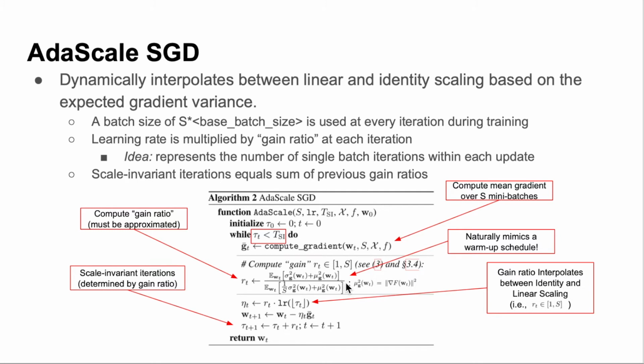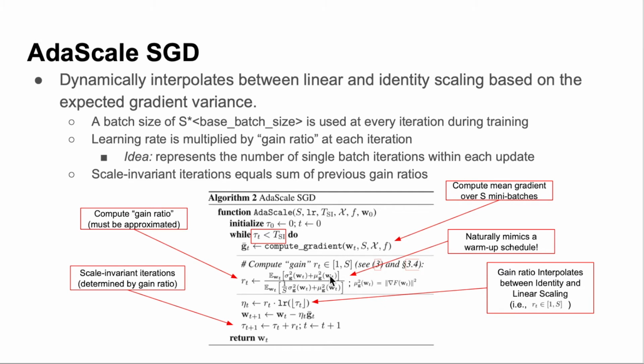The interesting thing about this term that they propose for the gain ratio is that it actually naturally mimics a warm-up schedule during training. If you look at this term right here, mu, it is equal to the true gradient of our objective. And as we move towards a minimum, this term will move towards zero. Our gradient will approach zero for our true objective as we reach a stationary point. And at this point, this term will actually be equal to s.